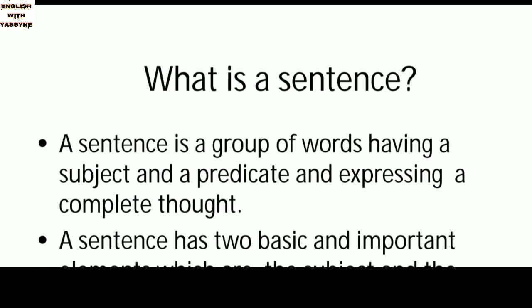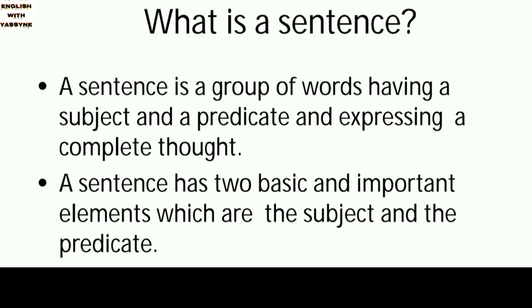So, what is a sentence? A sentence is a group of words having a subject and a predicate and expressing a complete thought. Which means that a sentence has a complete thought. Don't confuse a sentence and a phrase, because there is a huge difference between a sentence and a phrase.